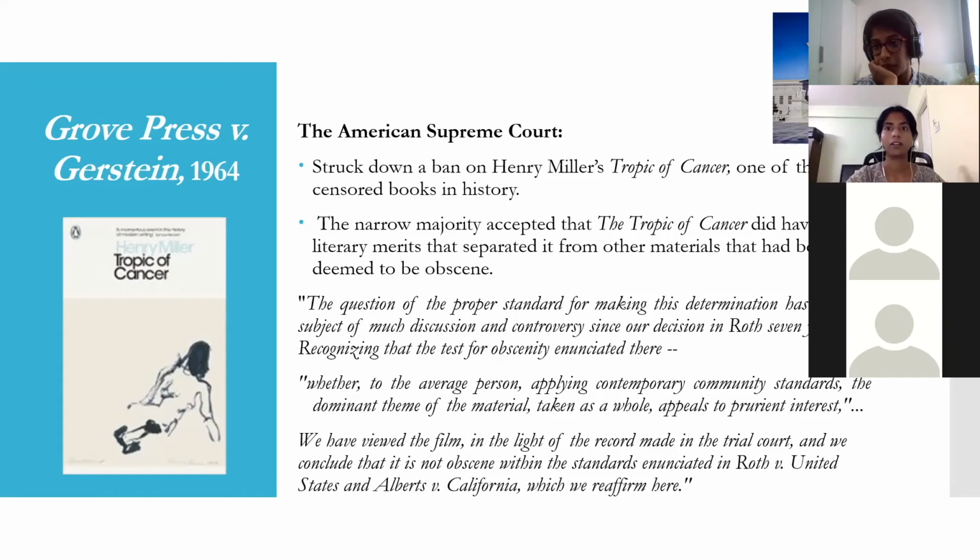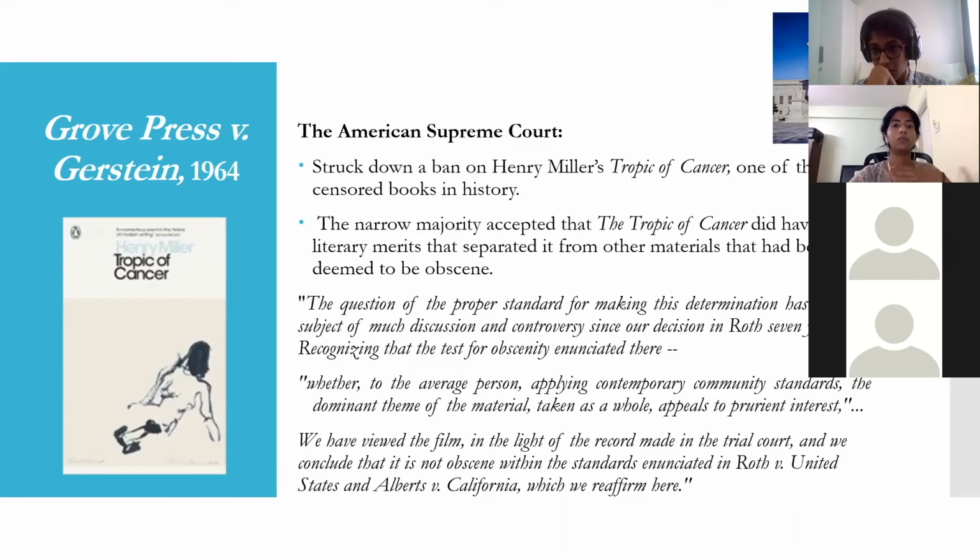What is also important to note is that the US now uses the Miller test to classify what would be obscene, which was determined through a case called Miller versus California, a 1973 case, which is much later than Grove Press versus Gerstein. They classify something as obscene after taking into consideration community standards, looking at them through the perspective of an average person.